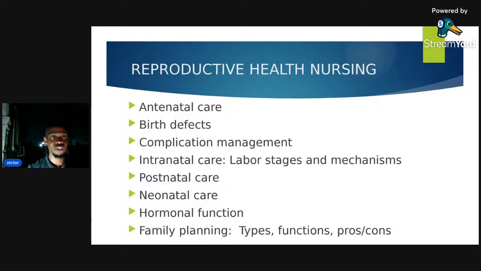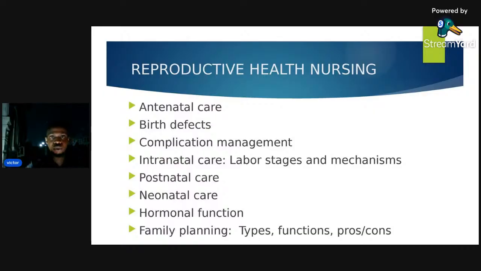So for the copper T, it is usually inserted into the uterus in order to prevent contact of sperm and ova. Then the copper also is toxic, so it also damages the sperm cell, which means it is having two functions. But for the hormonal, it only regulates hormones that are responsible for production of egg and fertilization. So it will inhibit those hormones.